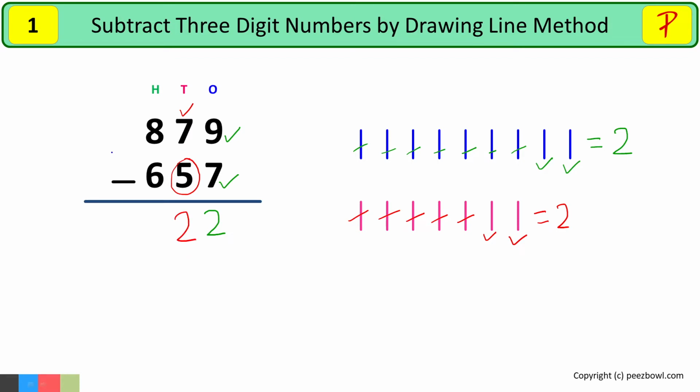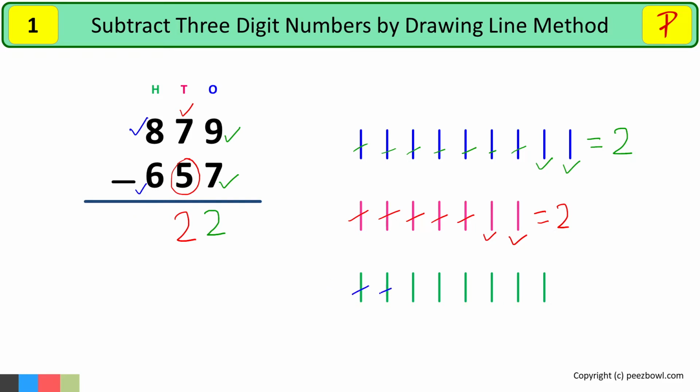Okay. Now let us move to hundreds place. In 879 there is 8 at the hundreds place, so I will draw 8 lines to show this digit. Here we have 8 lines for digit 8. In 657 there is 6 at the hundreds place, so I will cut 6 lines from these 8 lines.